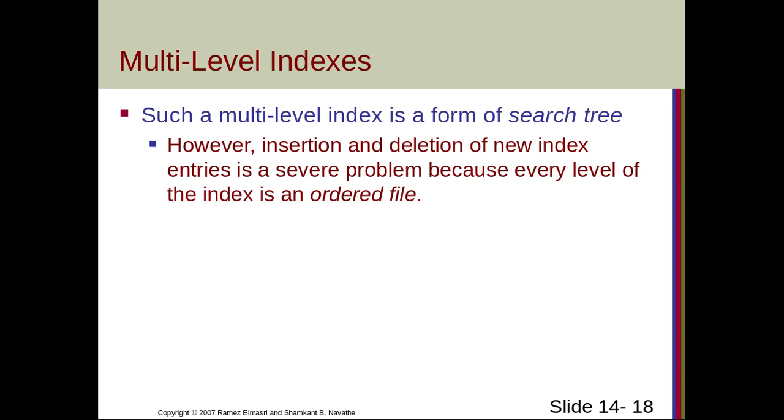Just like that, if you take any node in a binary search tree, the left subtree has values less than or equal to the current node, and in the right subtree every node has a value greater than or equal to the current node.